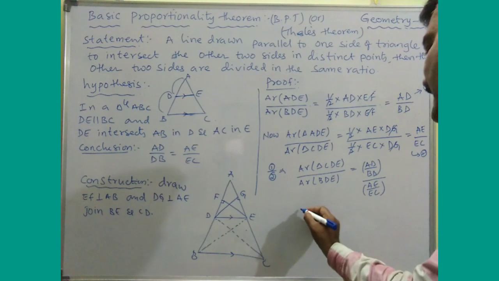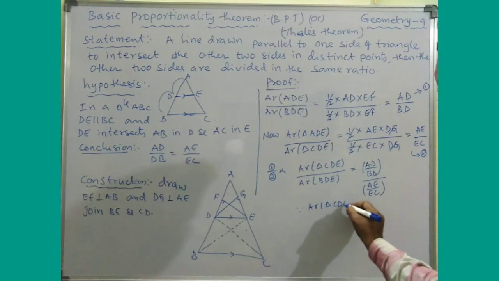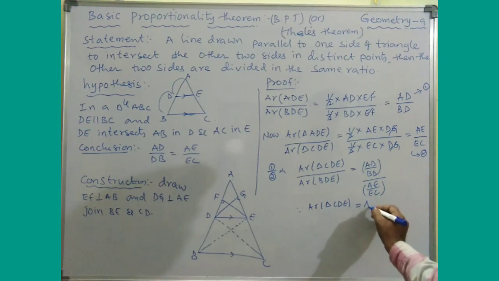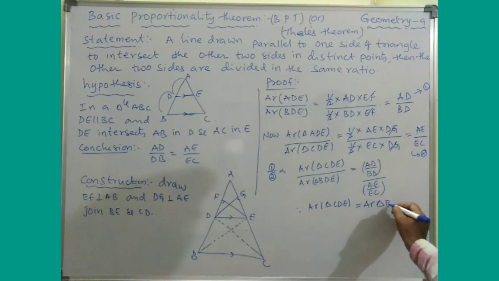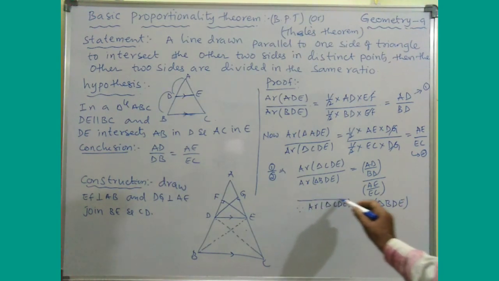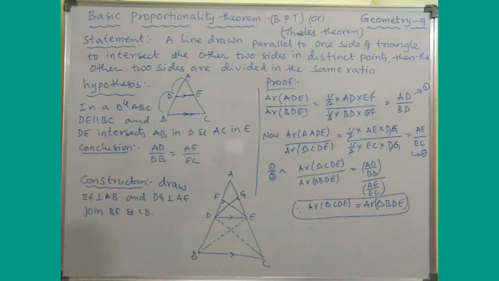Hence you please write it since area of triangle CDE is equals to area of triangle BDE. So because these are the triangles lying on the same base, also lying between the same parallel lines, hence they are equal in their area.